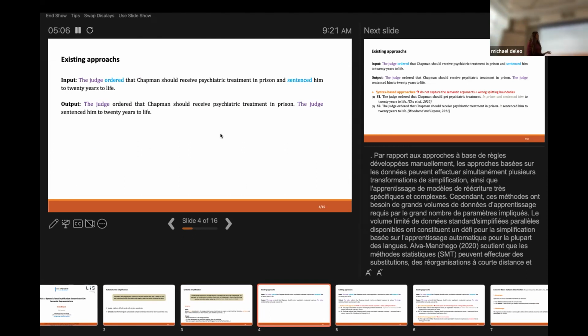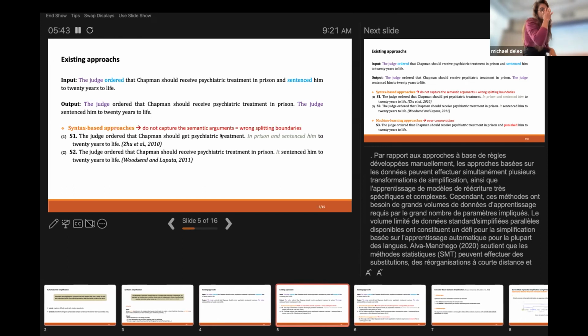The perfect simplification is to split this sentence and delete the splitting boundary, the coordination, in order to have two simpler sentences, and to rewrite the shared element. Here the shared element is the judge, and we write it before the second verb and split the sentence into two sentences. That is the perfect simplification.